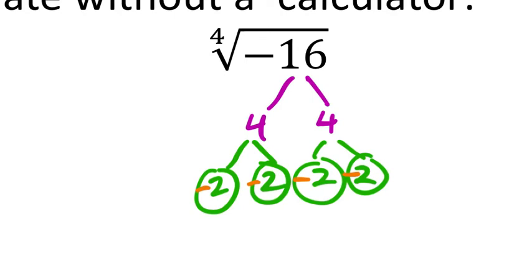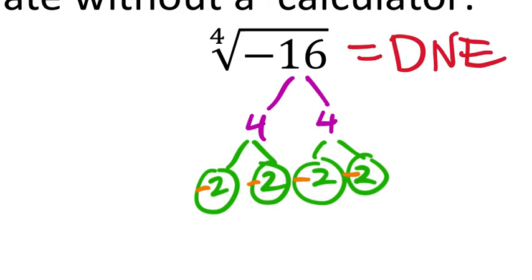That's why this doesn't work, because negative 2 times negative 2 times negative 2 times negative 2 is positive 16. This one, D and E. And again, you don't necessarily need to do all this work down here. If you saw that the index was even and your radical here is negative, is that the radicand? I forget the terminology, but it's D and E.